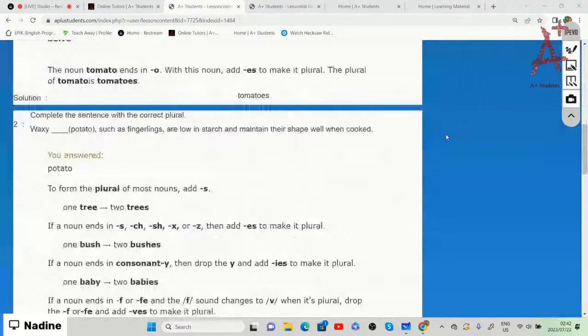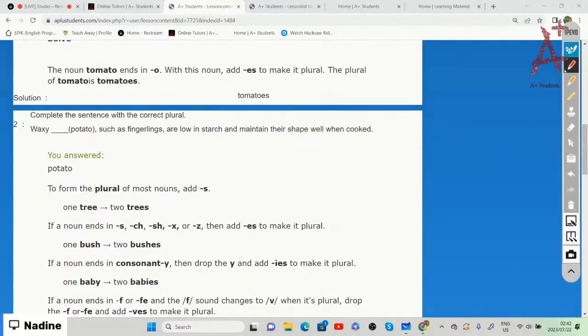All right, waxy potato, such as fingerlings, are low in starch and maintain their shape when cooked. Waxy potato, which means that we are changing the word into potatoes by adding an ES. So one potato, two or more potatoes.